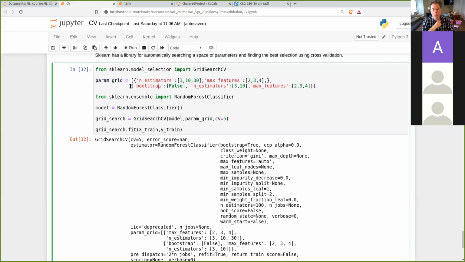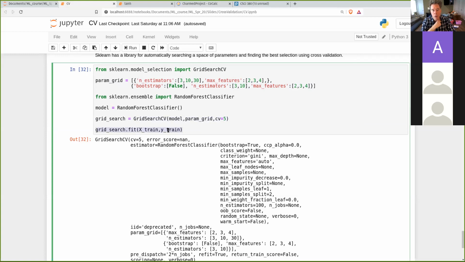And then here's another big cross product of possibilities. Now with bootstrap set to false, we're going to try all 6 of these possibilities, so every one of these choices with every one of those choices. Altogether, we're going to try 9 here, and then 6 more there. So that's 15 hyperparameter combinations, and it just does it for you automatically.